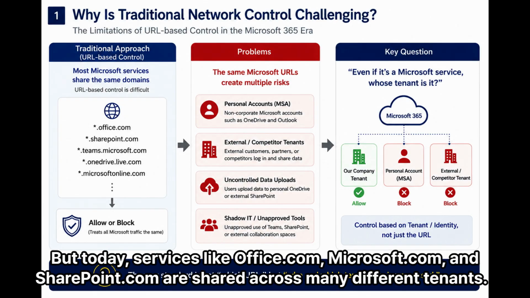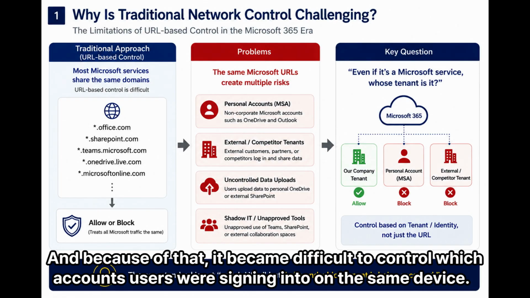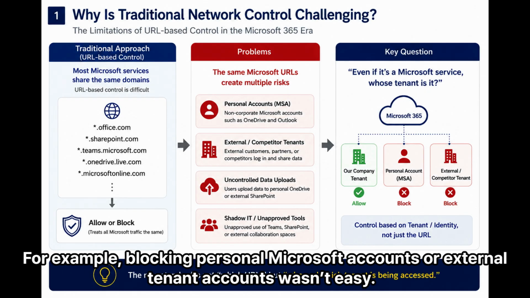But today, services like Office.com, Microsoft.com, and SharePoint.com are shared across many different tenants. And because of that, it became difficult to control which account users were signing into on the same device. For example, blocking personal Microsoft accounts or external tenant accounts wasn't easy.